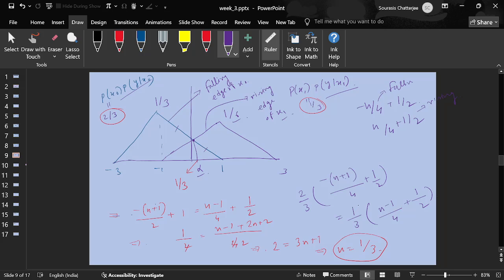Let me copy paste this one. The intercept is not plus 1 here. In this question, the intercept is 1/3. The slope will remain the same.